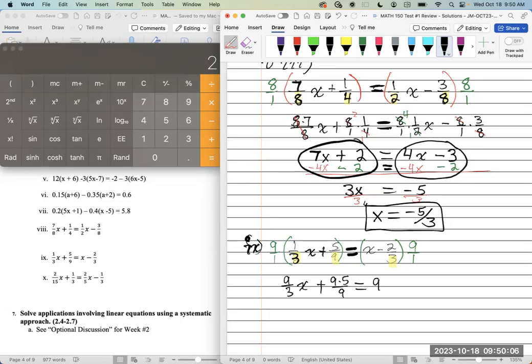Same thing as 9x minus 2/3 times 9/1. I wrote it that way because I intend to reduce. 9 divided by 3 is 3. 9 times 5 is 45. 45 divided by 9 would leave me with 5.